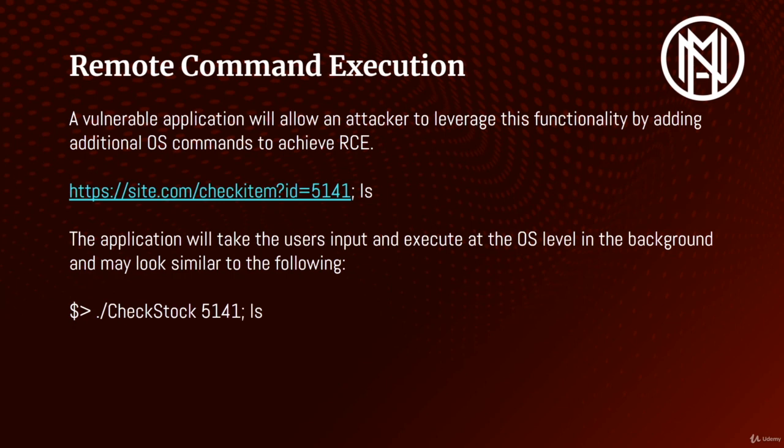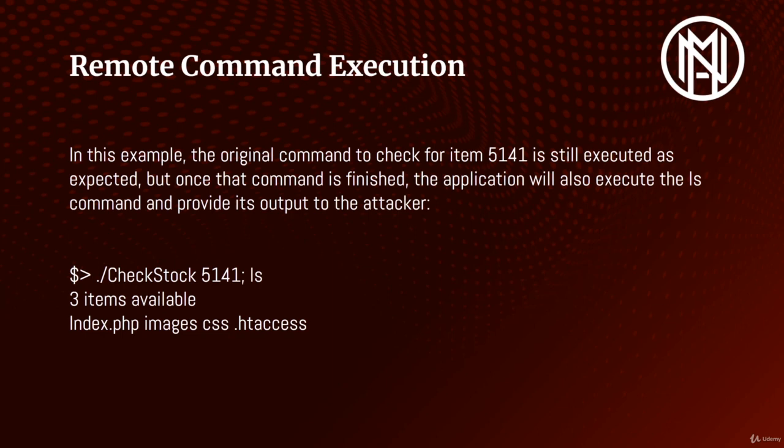Again, if you're not familiar with these commands, I highly recommend getting very familiar with a Linux operating system. You can do Ubuntu, you can do Kali Linux. It's very beneficial, even outside of remote command execution, to be good at Linux in general. But let's look at this example. We give it our value 5141, a semicolon to end it, and ls, which executes our Linux command, and it comes back and says 3 items are available, but also here's the output for the ls command.